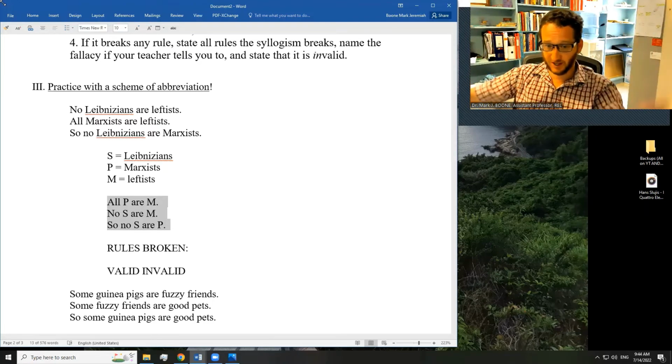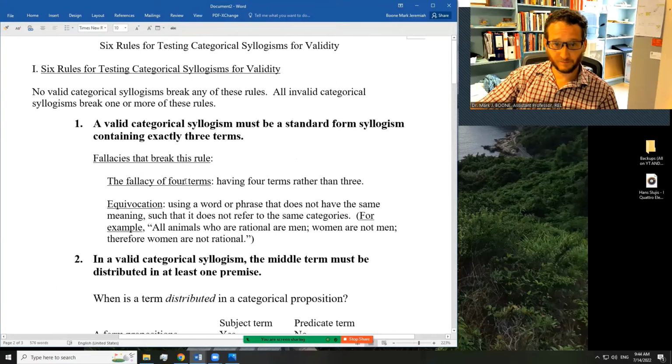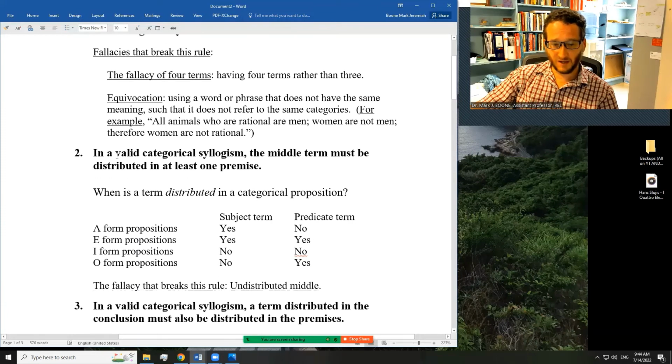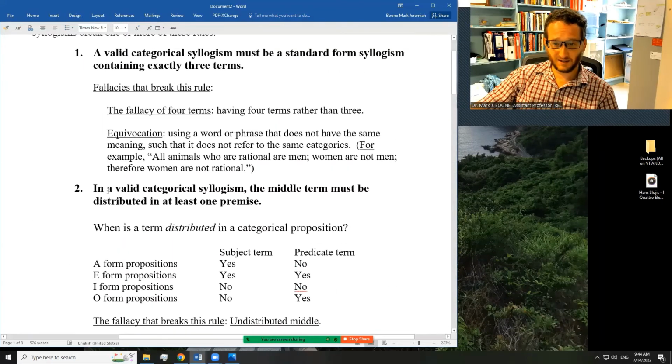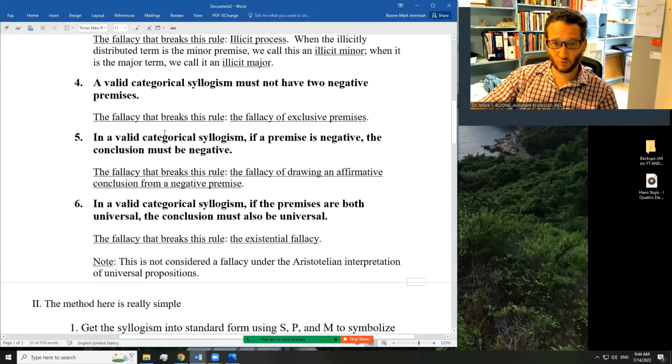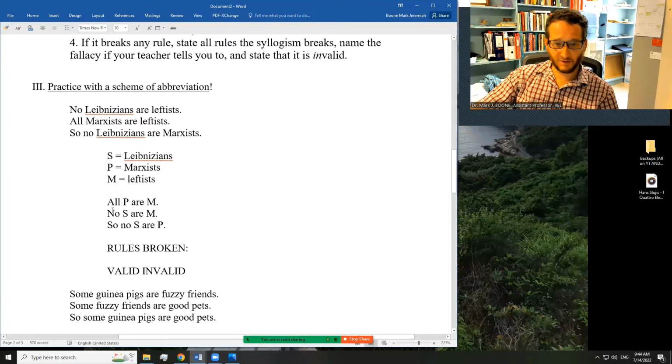Now, does this break any rule? Do we have three terms? Yes. There's no equivocation here. Is any term distributed in the conclusion undistributed in its premise, and is the middle term distributed in at least one premise? The middle term is distributed in the second premise. Both terms are distributed in the conclusion.